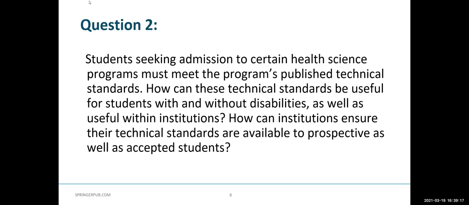So basically, we ended up taking every single program, all 5 of them, and finding common ground between all of them. They all had a communication section, they all had professionalism, behavior, academic. So I didn't have to write 5 different programs' technical standards. We just had one, and then we have program specific ones for anything that didn't fit into the general standards.